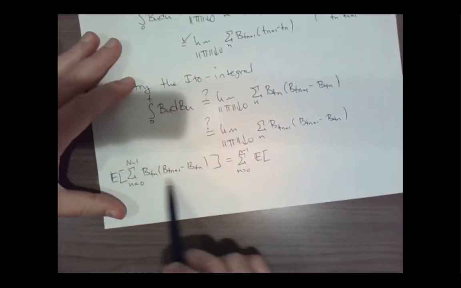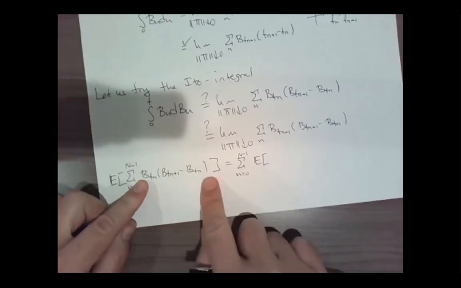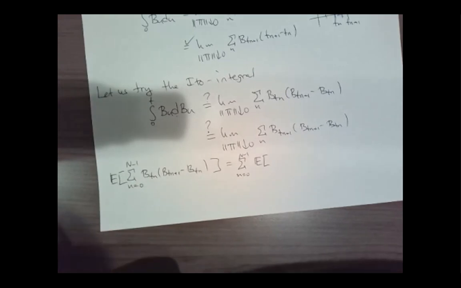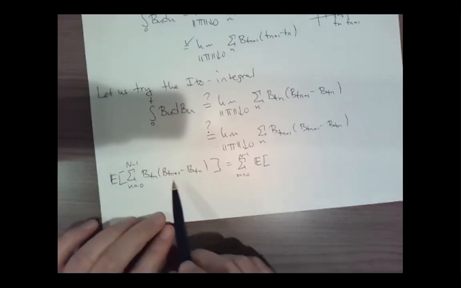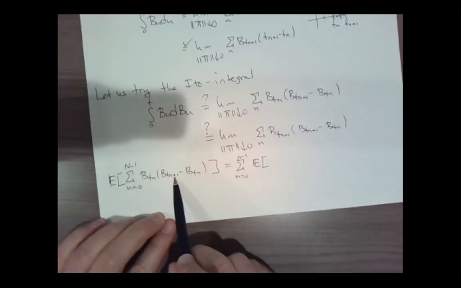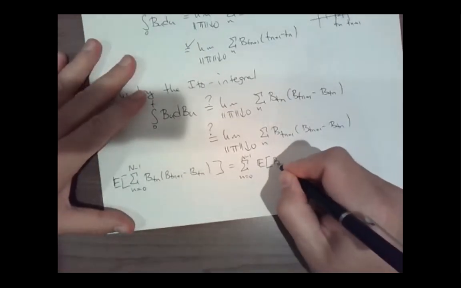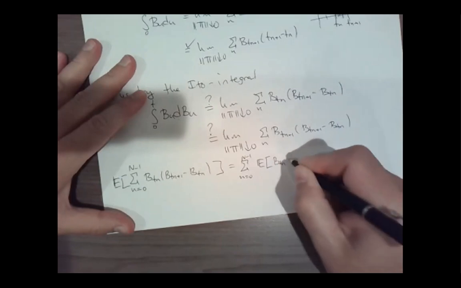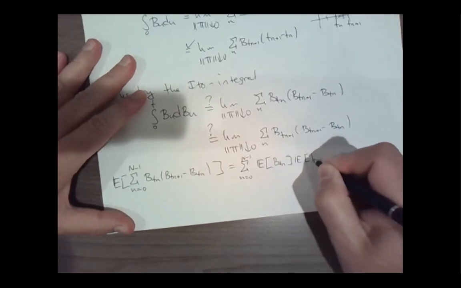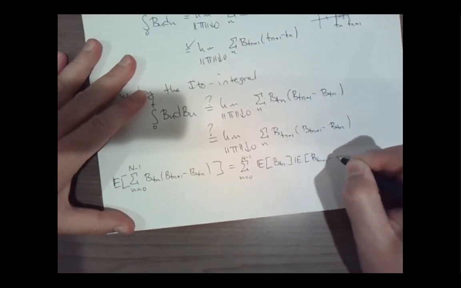Any ideas on how we should calculate an expectation of the random variable that's inside the sum? Moment generating function. Yeah, but remember it's a Brownian motion. So how does this increment behave? It's independent, so equal to 0? Okie dokie. So it's equal to B_tn times the expectation of B_tn+1 minus B_tn.